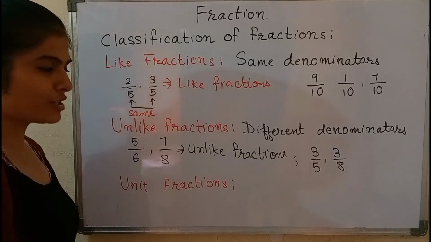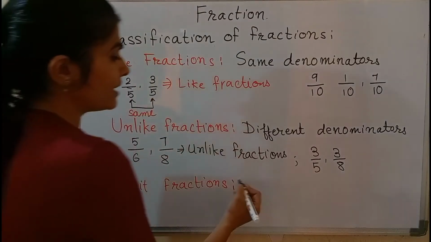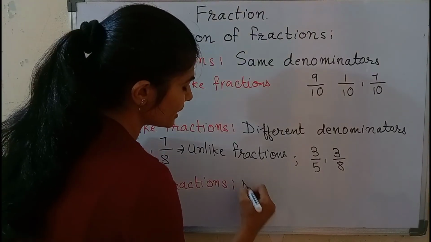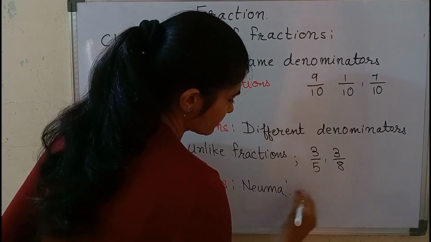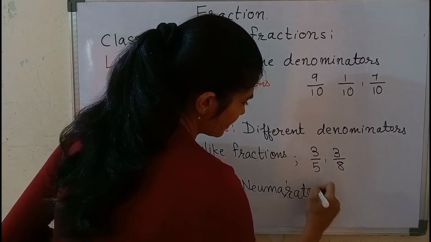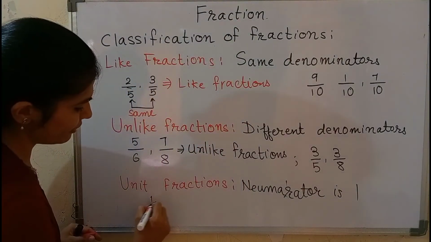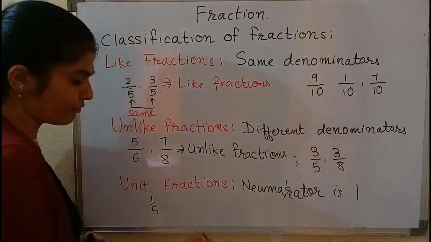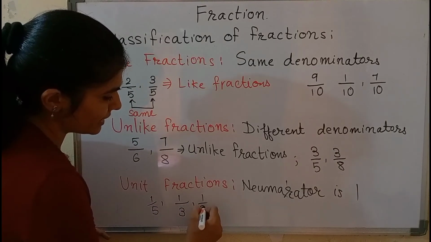Next one is unit fractions. What is the meaning of unit fractions? Unit fractions means that the value of the numerator is 1. If I say 1/5, it means I got 1 part out of 5. If I say 1/3, 1/9.